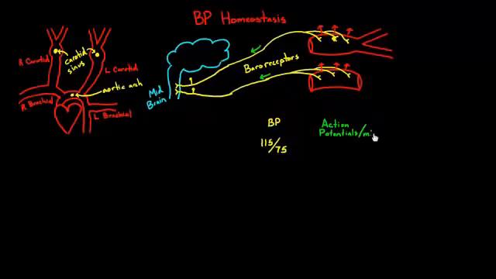As my blood pressure is 115/75, those nerves are feeling a certain amount of stretch, whatever that amount is. And they're not going to send just one signal, but a handful. Let's say they send 10 signals. I'm going to draw them out here: 5, 6, let's say 7, 8, 9, and 10.